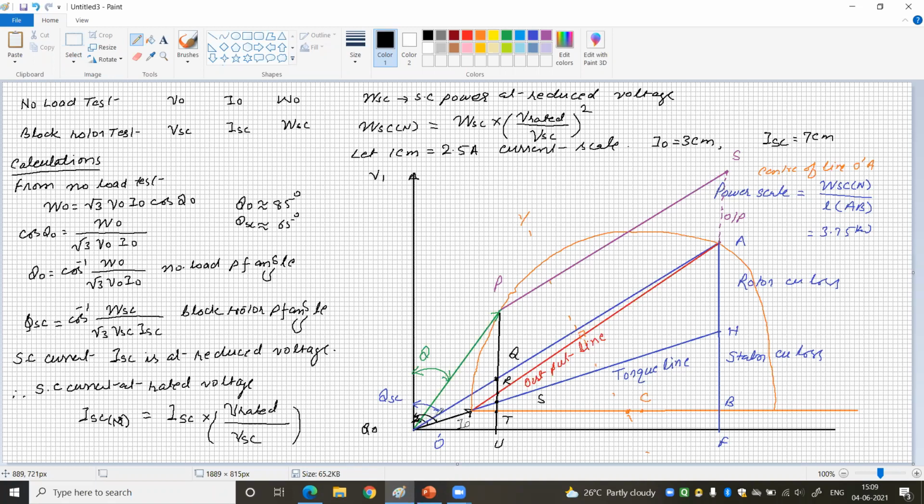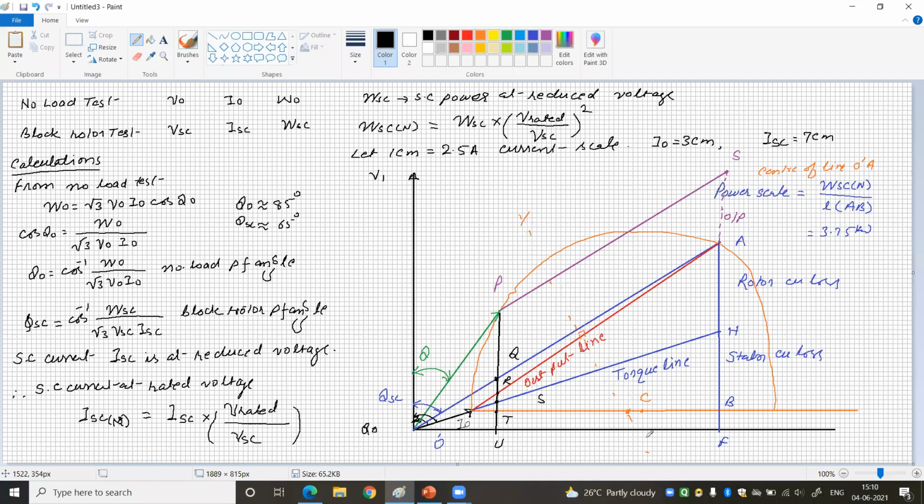Similarly, phi SC is the angle here, and the short circuit current at normal voltage is drawn in centimeters. Say the point A and point O dash are joined. This line is the output line. Now find the center of the line OA by the bisection method, and draw the perpendicular at that center.